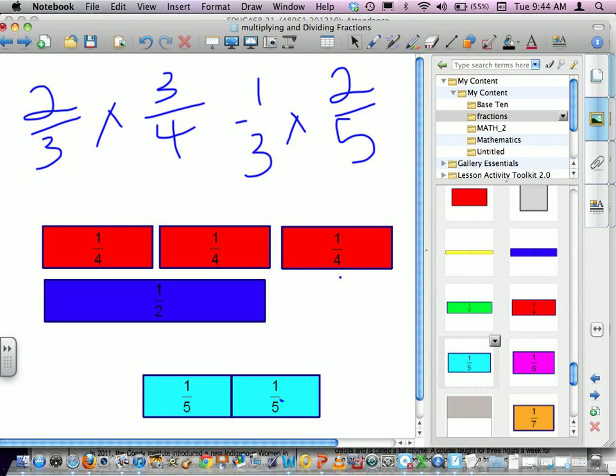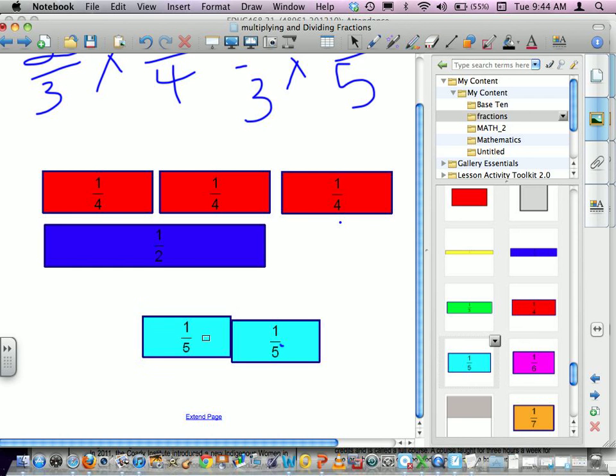I've got to take my 2/5, break it into 3 equal groups, and take one of those 3 equal groups. So the way I might do that is by breaking each of the fifths into 3 parts.